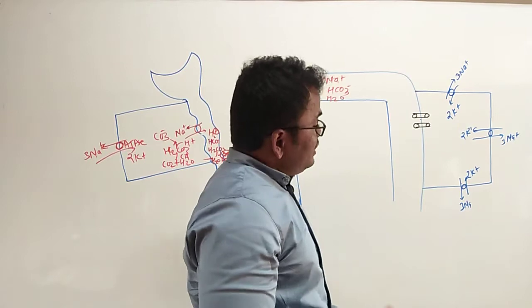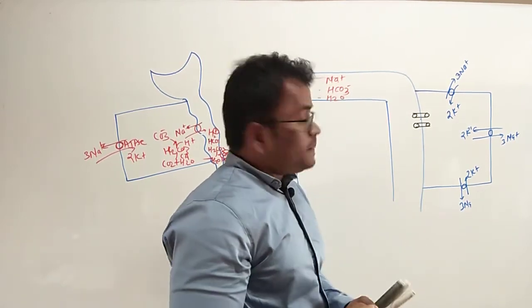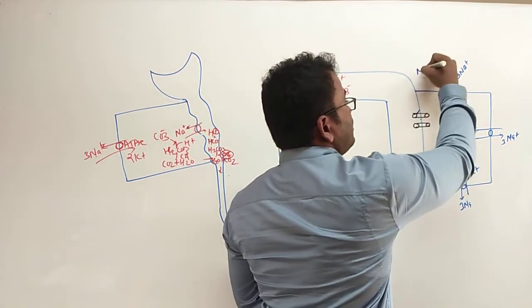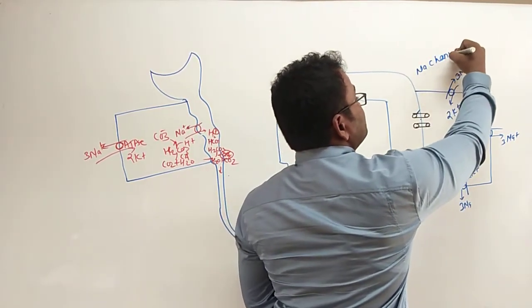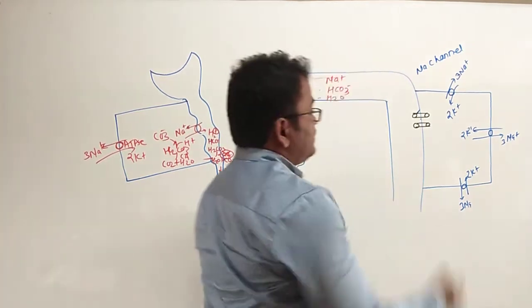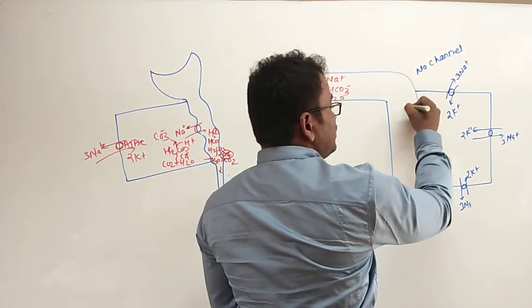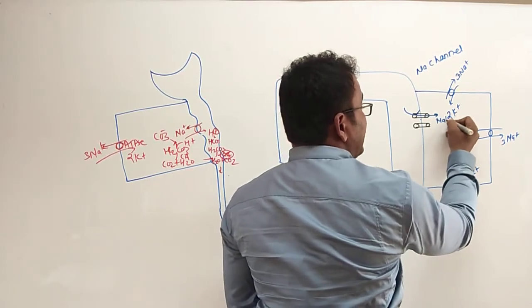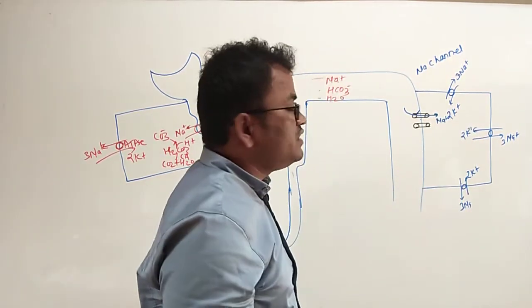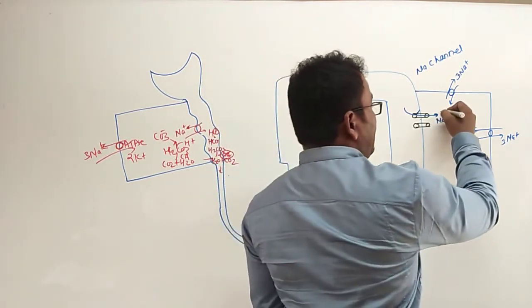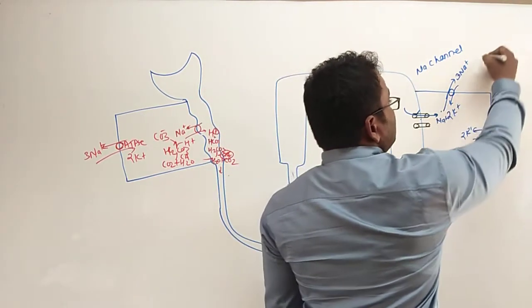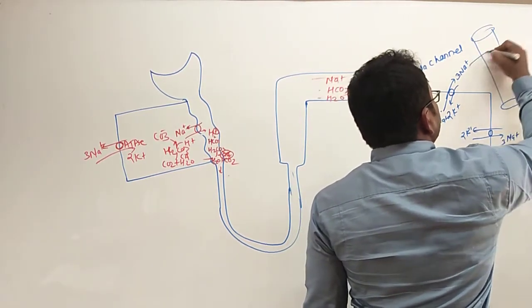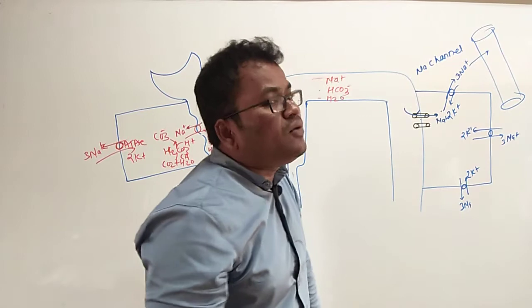These sodium channels take sodium from the luminal side towards the cells. This sodium is then taken from the cells to the peritubular capillary network, or blood vessels. Sodium passes towards the blood vessels.